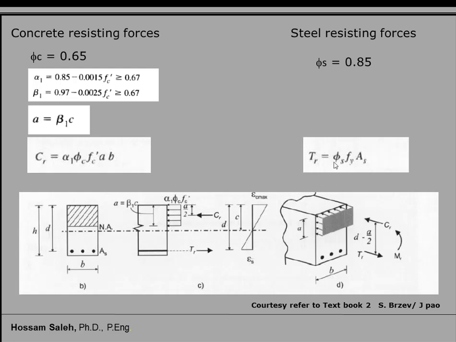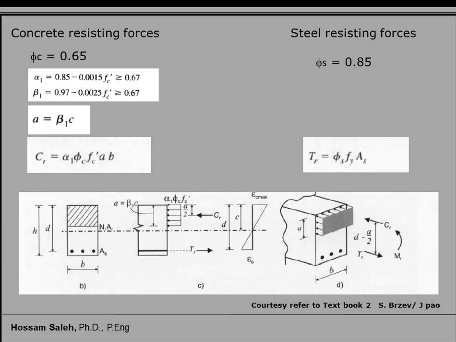Now phi s is the material factor which considers the variance of the strength of the steel during the manufacture process. Because the steel is very accurate in production, phi s equals 0.85. And if you remember, for structural steel, where we have a W section or HSS, we have 0.9.